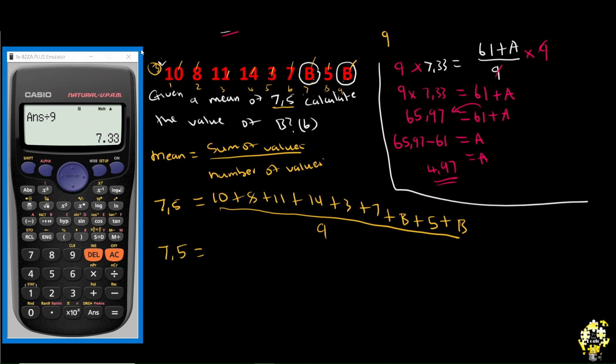Now let's rewrite this. So now we are going to say that 7.5 is equals to, I said let's do what is doable in the calculator. So on the calculator, let me use a white so you can see as I'm calculating: 10 plus 8, 8 plus 11, 11 plus a 14, a 14 plus a 3, a 3 plus a 7.